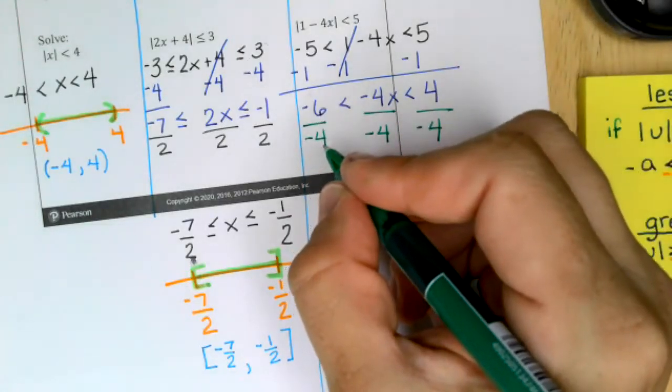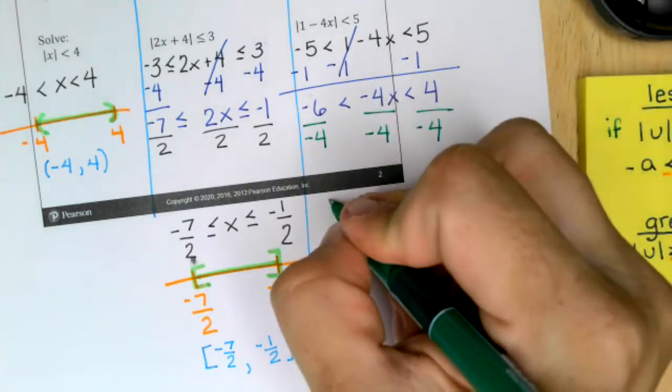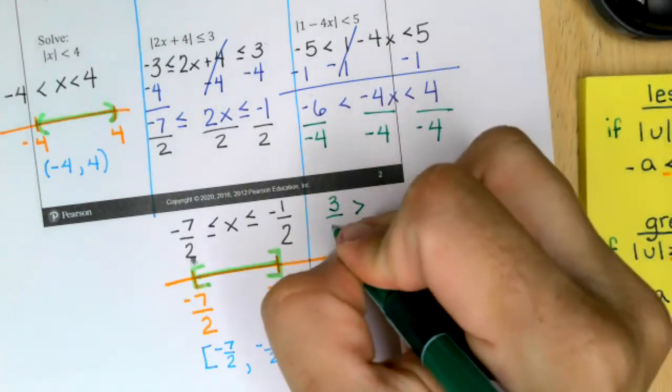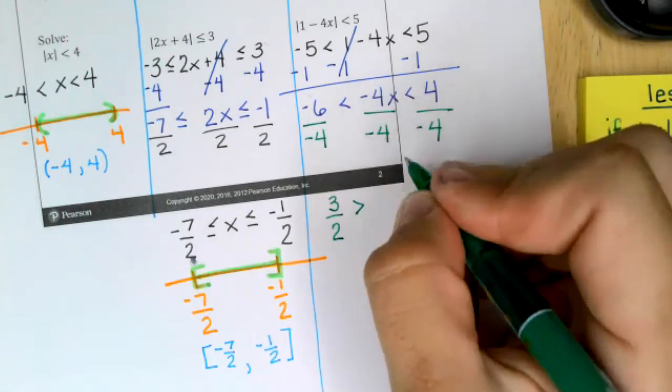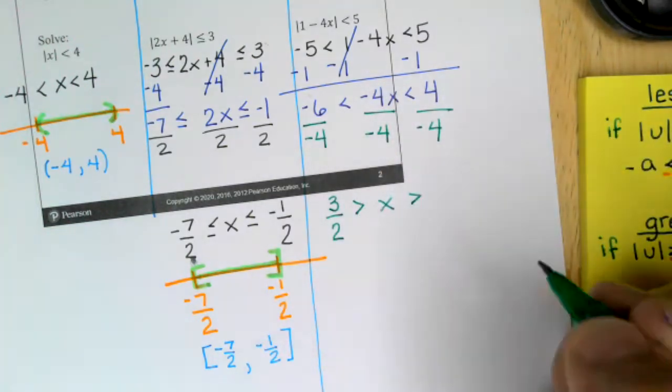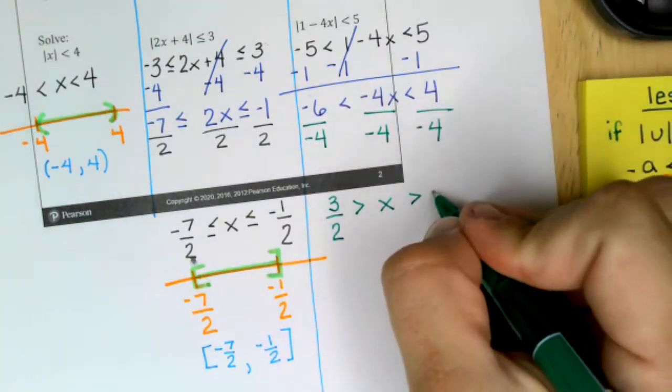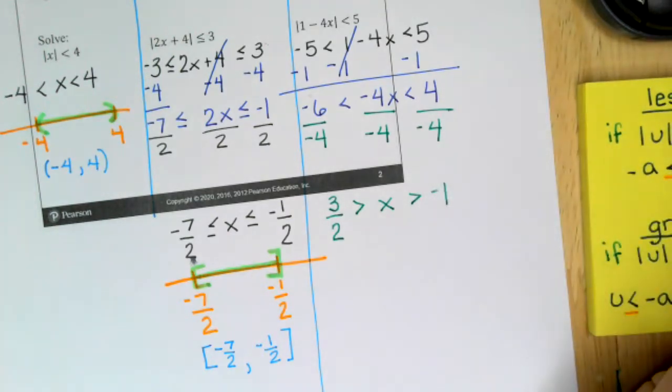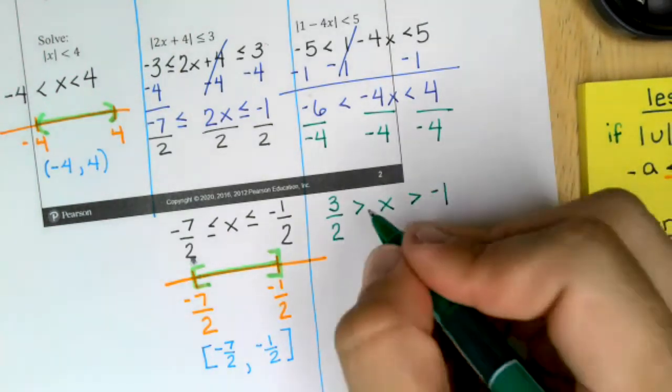Negative 6 divided by negative 4 is 3/2. Negative 4 divided by negative 4 is just an x or a 1x. 4 divided by negative 4 is negative 1. I flipped these.